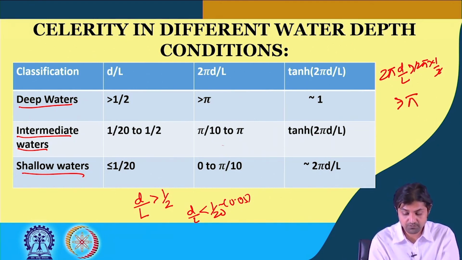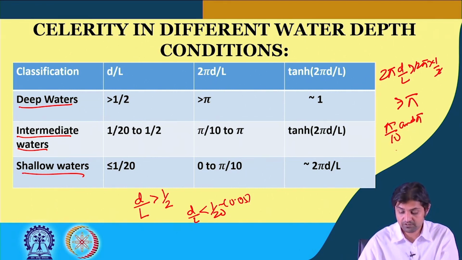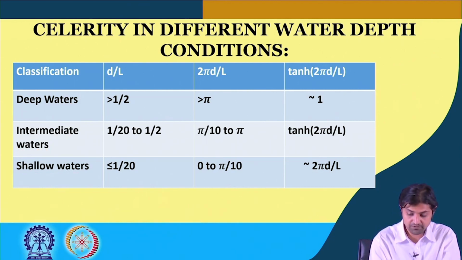Similarly, for intermediate waters, 2 pi d by L will be between pi by 10 and pi, and for shallow waters it will be from 0 to pi by 10. Very simple to calculate yourself.